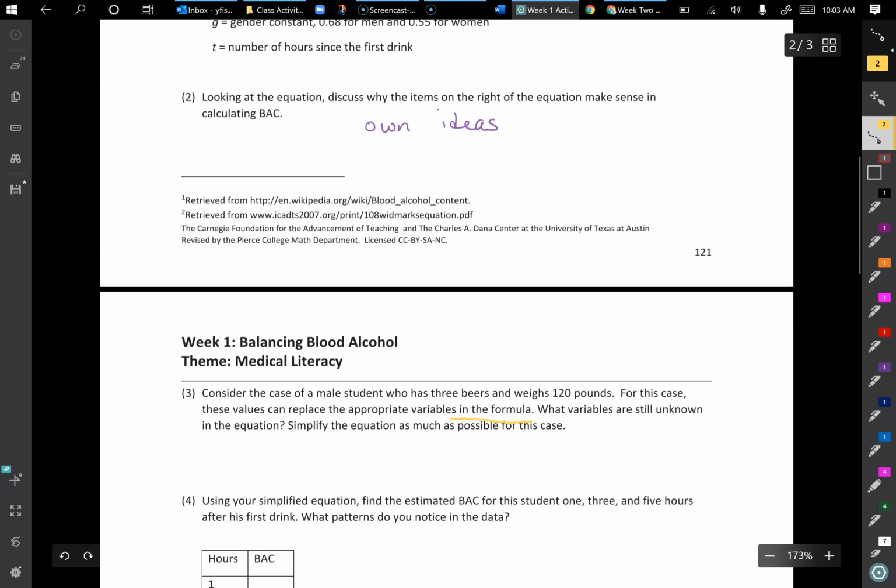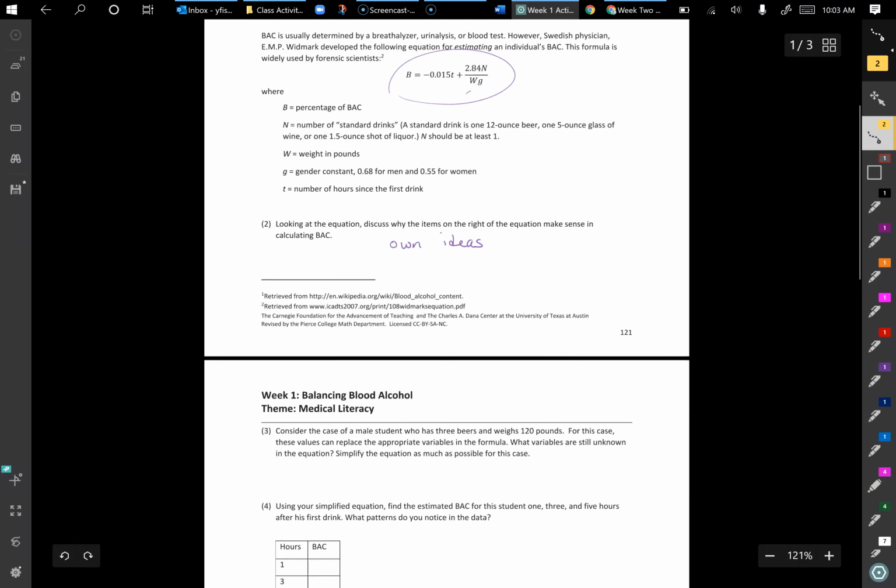What variables are still unknown in the equation? Simplify the equation as much as possible. For that part, you're going to take this equation up here, fill in what you do know, and then simplify it as much as you can. You're not going to be able to solve anything because there'll still be two unknowns.